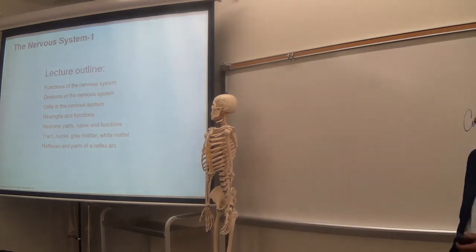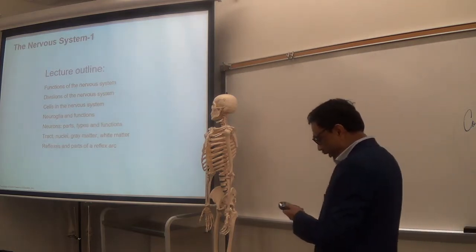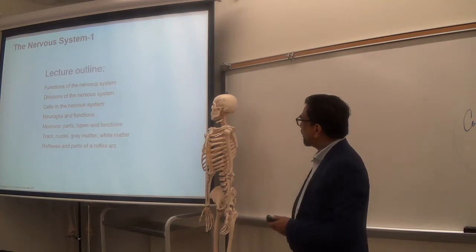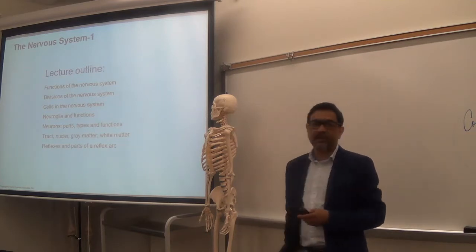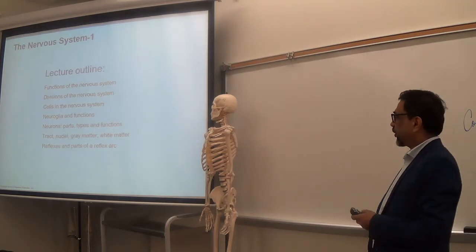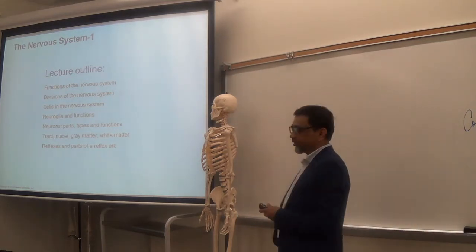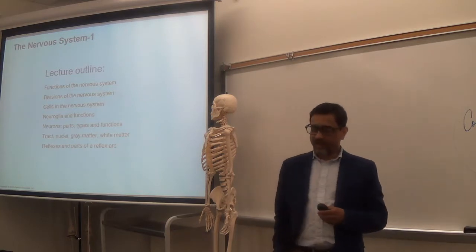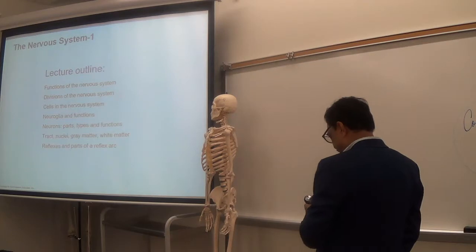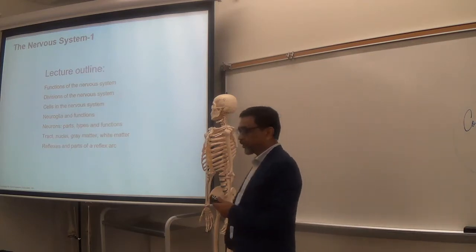So first we'll talk about the nervous system in general. First we'll see the functions of the nervous system. Then we'll talk about the divisions of the nervous system. Then we'll talk about the cells of the neural tissue.